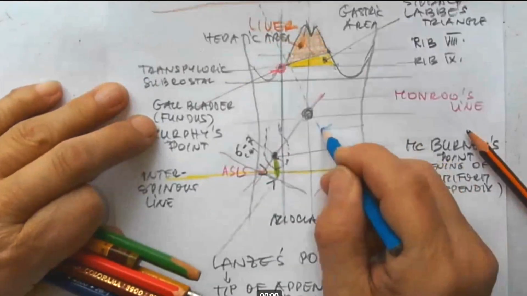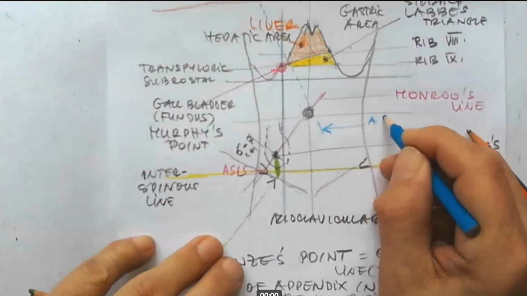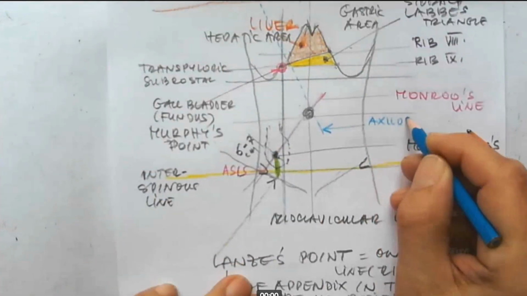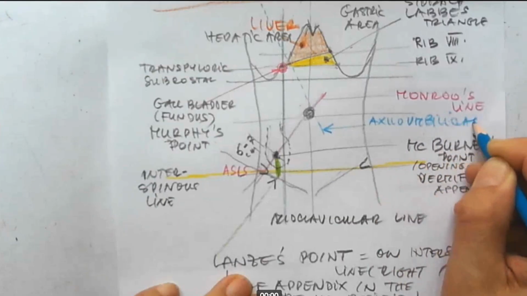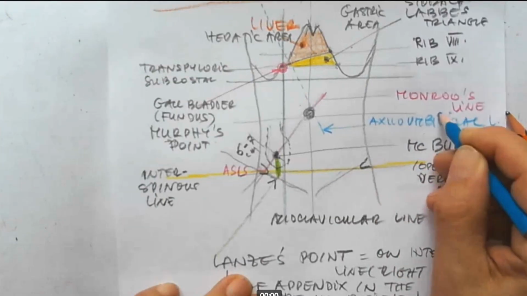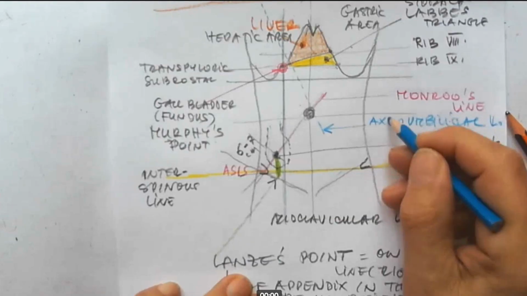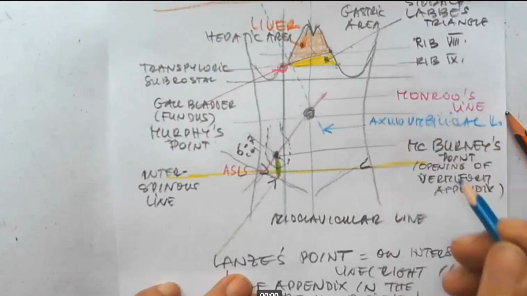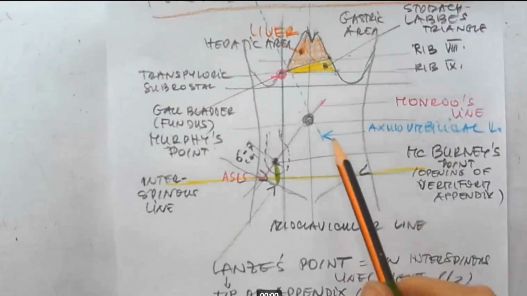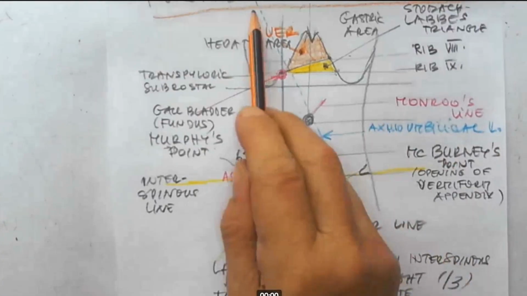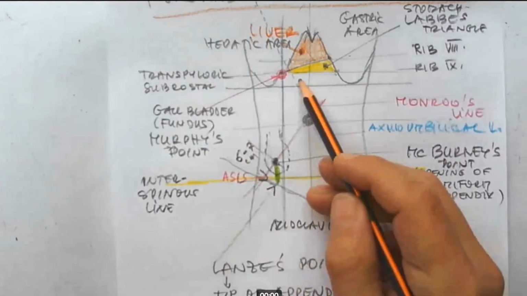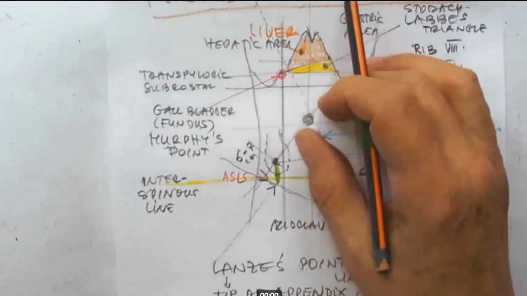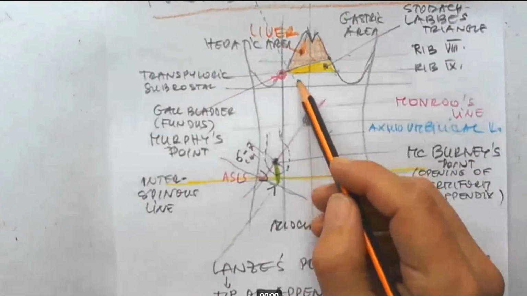It's placed here. This axilloumbilical line interconnects the tip of the axilla, that's why axillo, with the umbilicus, and around, I know that this is a little long distance, but doesn't matter.